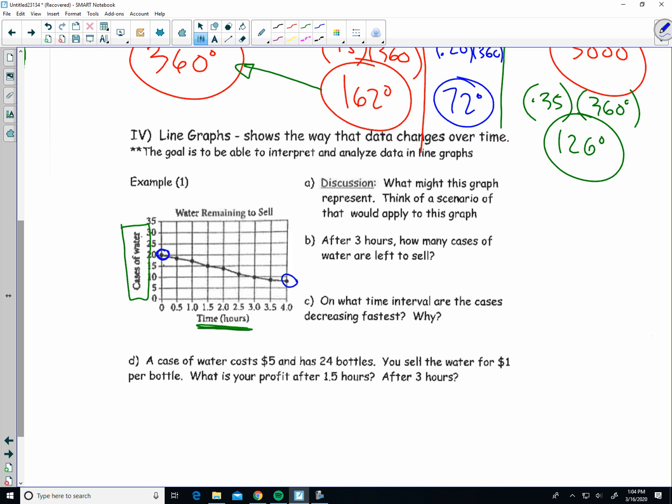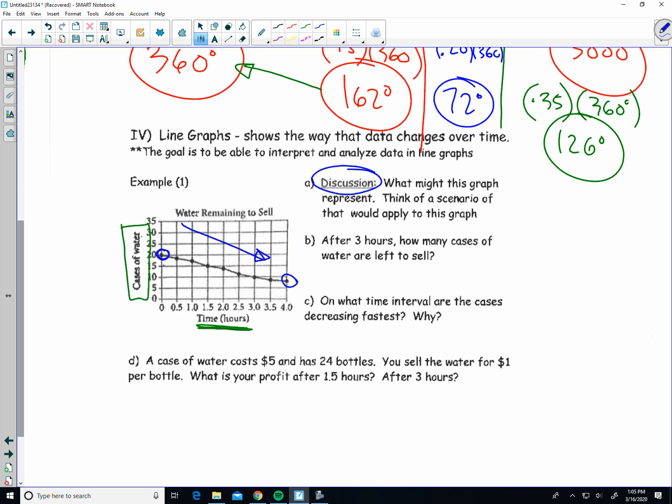So, a good discussion might be, maybe this is a football game, and the concession stand starts out with 20 cases when the game starts, and by the end they've sold a lot of water. So we can definitely say this is a descending trend. We are selling water with respect to the time component there.